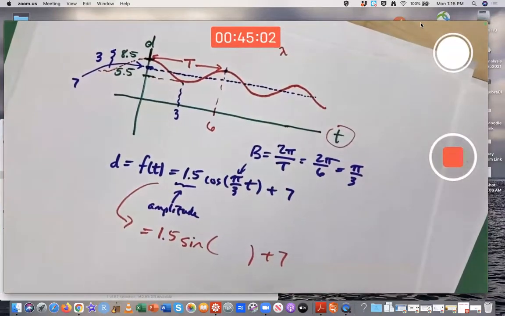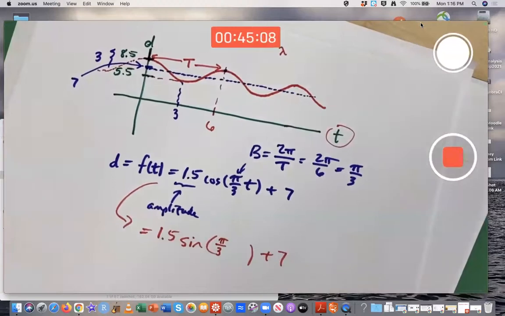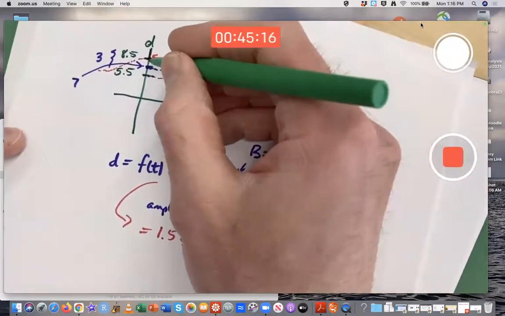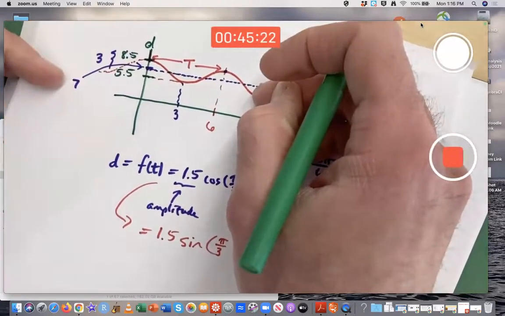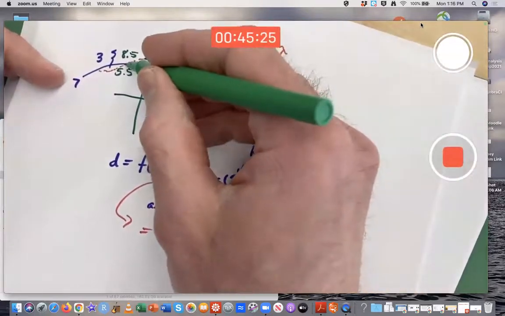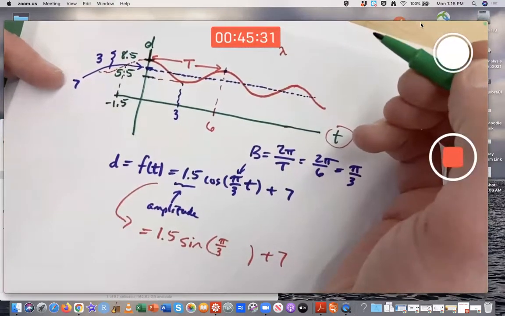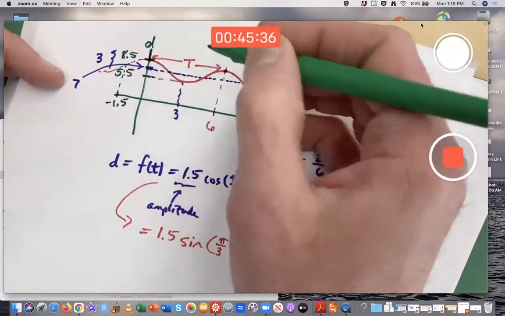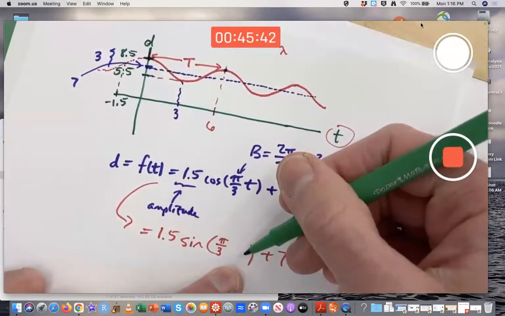If I just did pi over 3 times t here, I'm not doing pi over 3 times t, but if I did, don't write a t yet, it would be a graph that is essentially this red graph shifted to the right. By how many units? It would actually be 1.5 units to the right to get the graph of this function if I just use the t there.